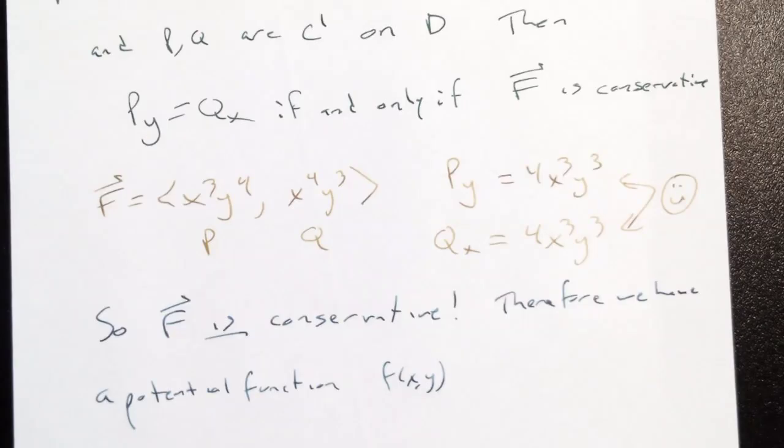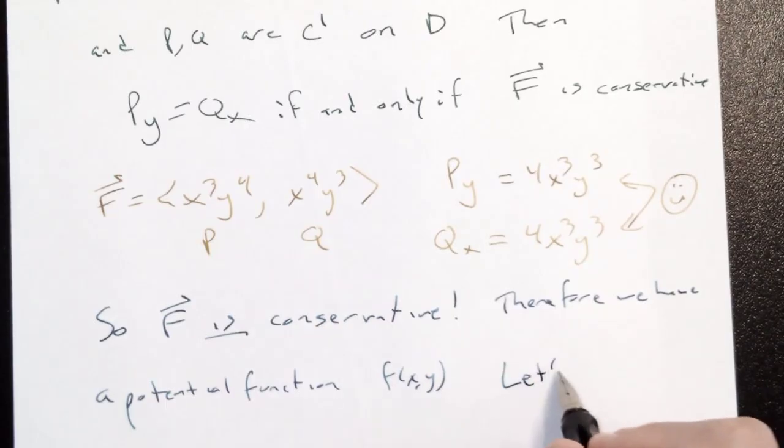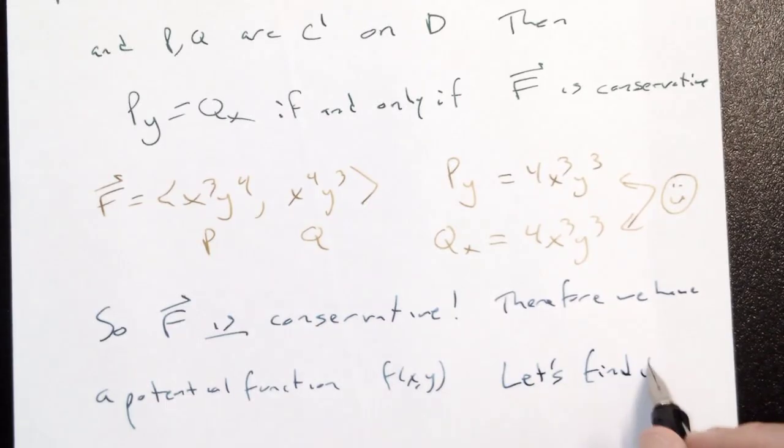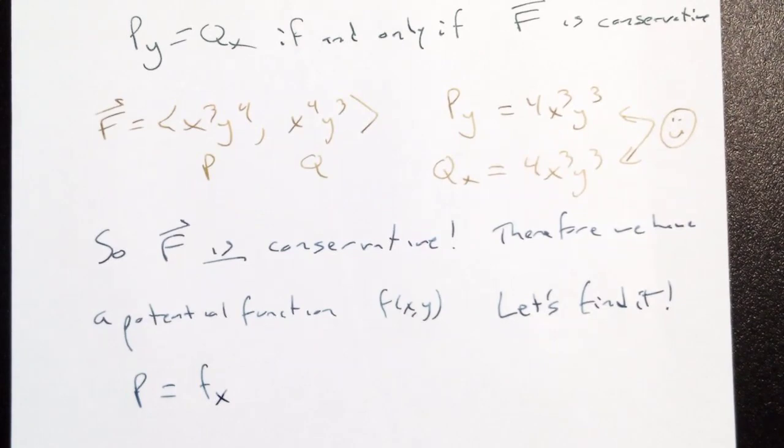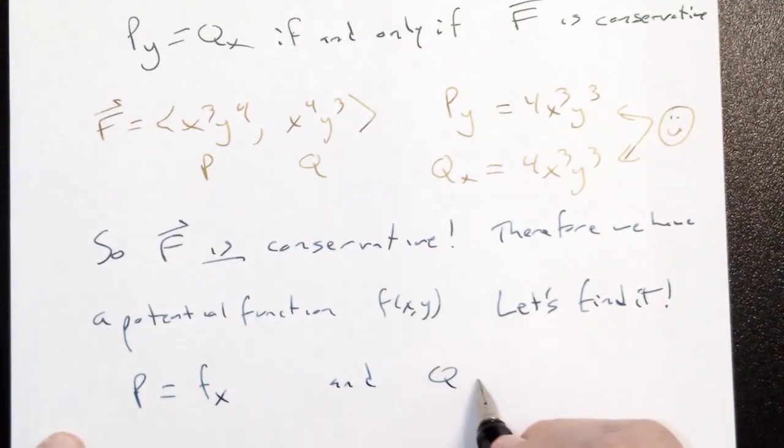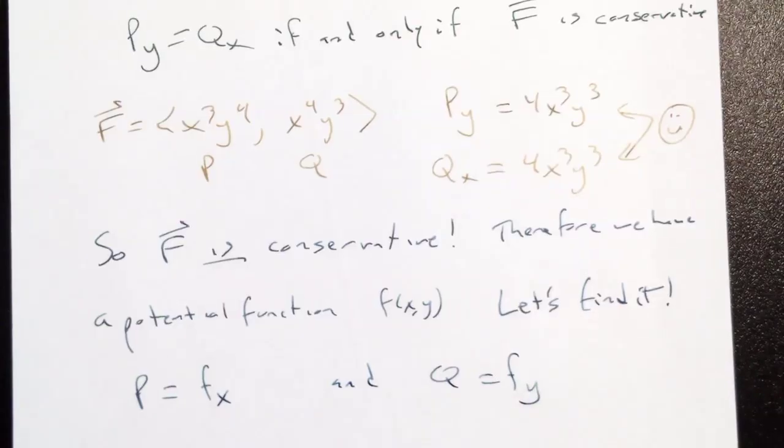How do I actually figure out what the potential function is? Well, now I know that this P must be the partial of f with respect to x, and that this Q must be the partial of f with respect to y.